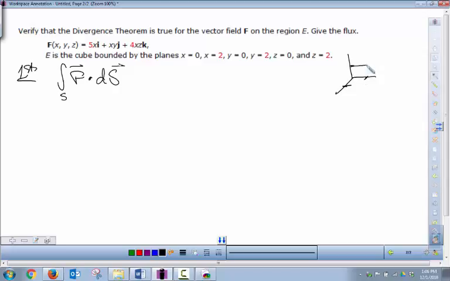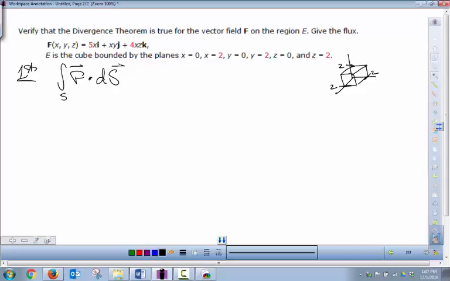So at least they're all the same. When we look at integrating over this and parameterizing it, we'll see that it's going to be all over 2.